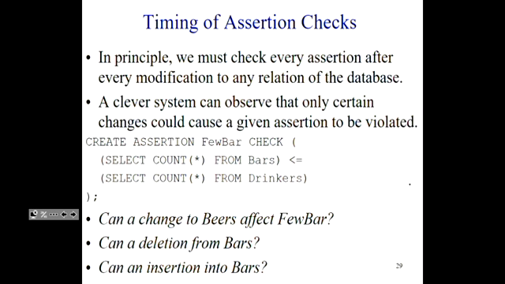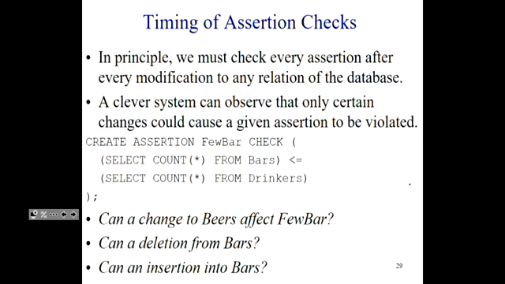Correct. So you don't need to check it in this case, right? Any deletion from Bars is only going to make the count of tuples within Bars even smaller. So no matter what deletion you do, you don't need to check this because the condition is going to continue to be true. On the other hand, an insertion into Bars, you do need to check because that could cause the constraint to be violated, right?